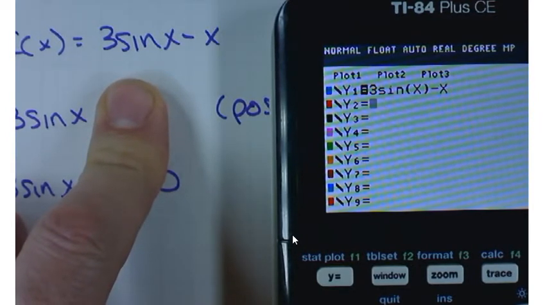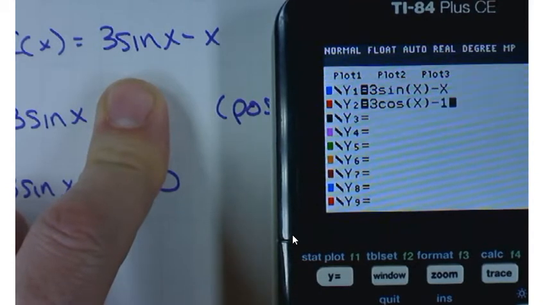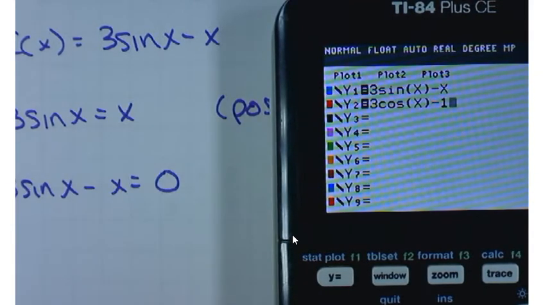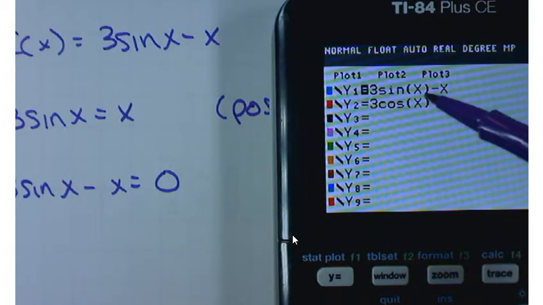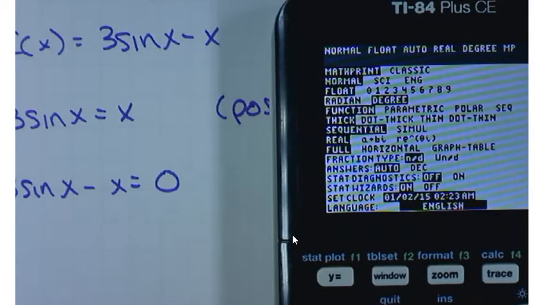And then the derivative, 3 cosine of x, again a right parenthesis, minus 1. I'm going to shut off that graph. Now, another important thing. This calculator is in degrees, but calculus is done in radians. So I've got to change the mode from degrees to radians.